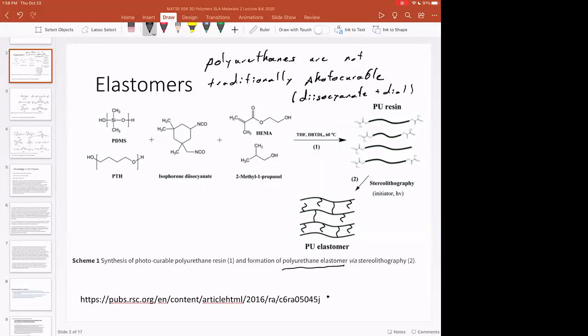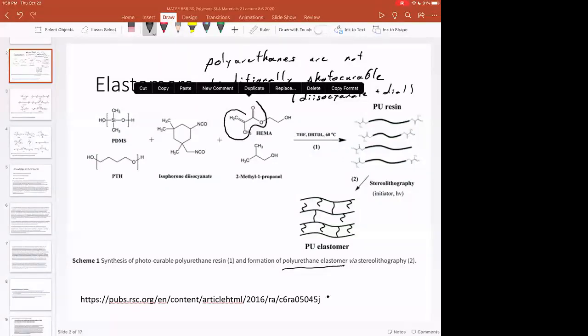And the way we turn it into a photocurable resin is to put our acrylate group right on the end. So this thing is photocurable. And because it has an alcohol group on it, it's going to react with this thing, which is the diisocyanate. That's isophorone diisocyanate, a general diisocyanate that's used in a lot of polyurethanes.